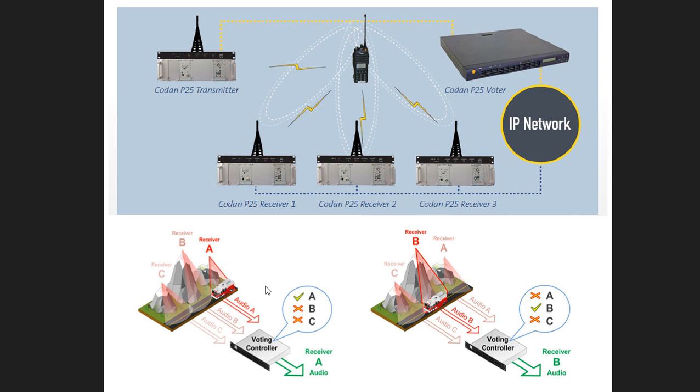In the analog days, what they would do is look at the signal to noise relationship, basically how staticky is the channel, and the receiver that had the least amount of static was the one that was voted and brought through. Well, when P25 came along, that really changed things, because there's no static in the audio from a weak signal to a strong signal in P25.